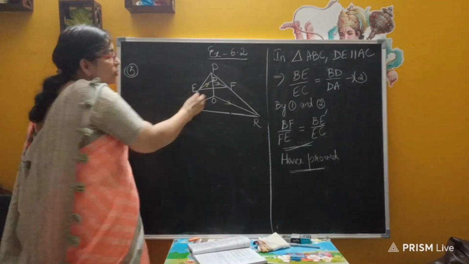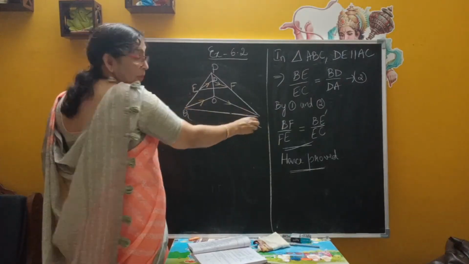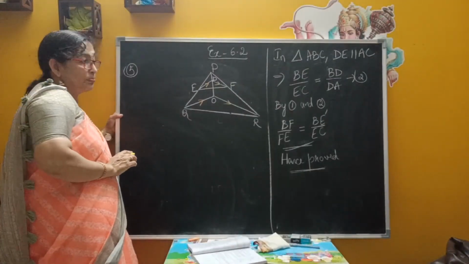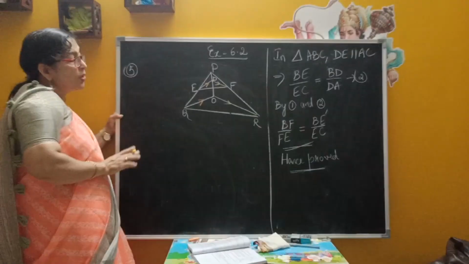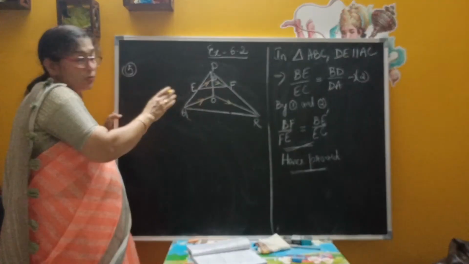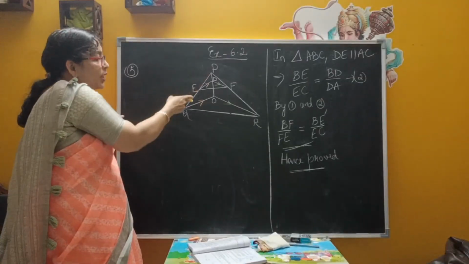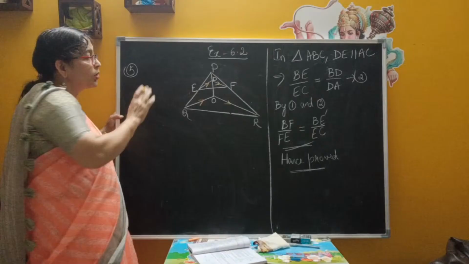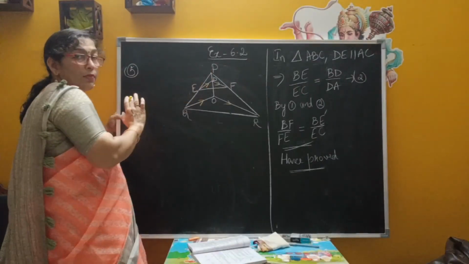So we need to prove EF parallel to QR. That means what? Converse of BPT, converse of Thales theorem. So what do you do now? To prove the converse of Thales theorem, what do we need? We need to first find whether the ratios are equal. So our work is now to prove the ratios are equal.